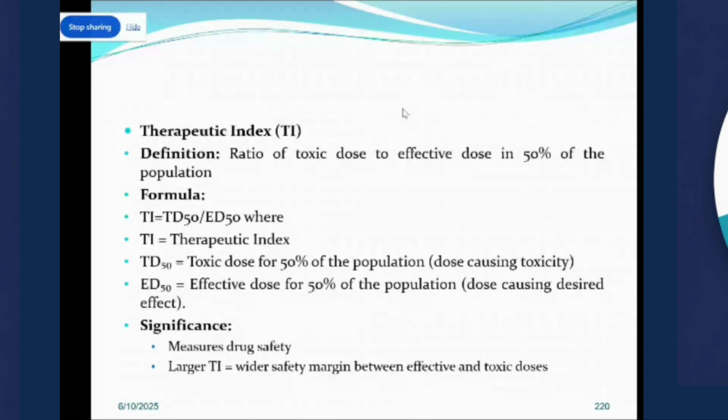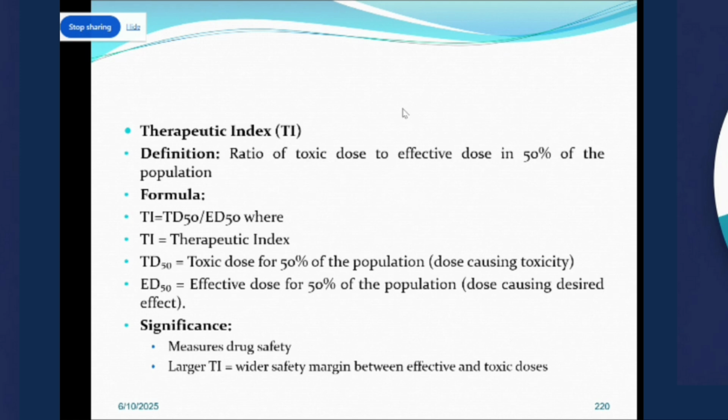Okay, let's take it afresh. Therapeutic index, the ratio of toxic dose to effective dose in 50% of the population. We said that the distinction between the benefits of a drug and the adverse consequences is sometimes very narrow, but it varies with different drugs.